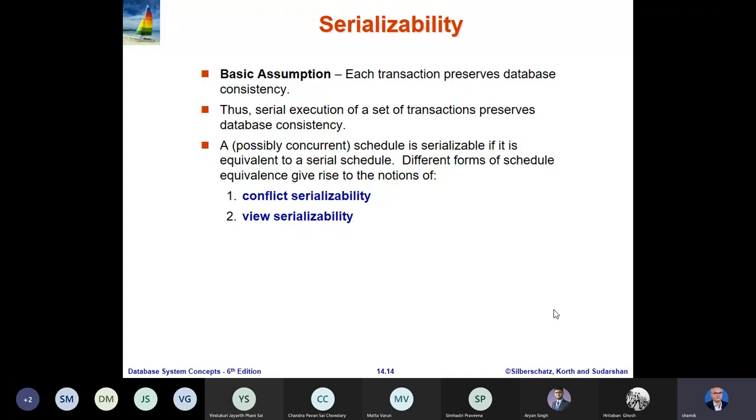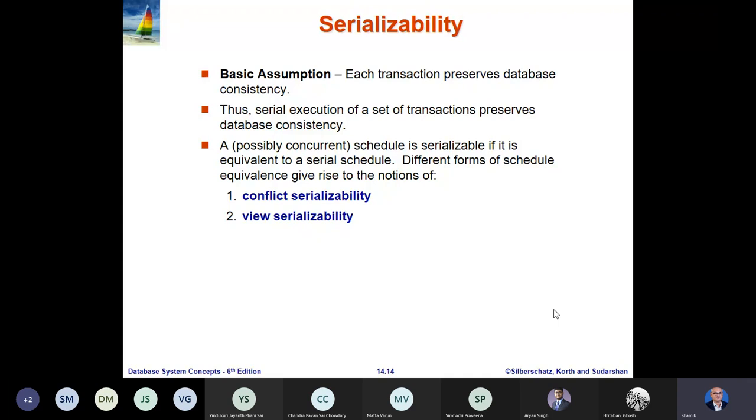Trivially, as you can see, serial execution of a set of transactions preserves consistency. Now, a concurrent schedule is serializable if it is equivalent to a serial schedule, which I have already mentioned. And serial schedules are always going to ensure consistency.